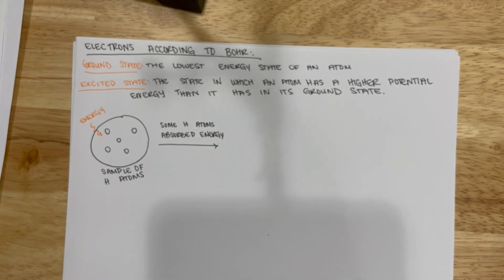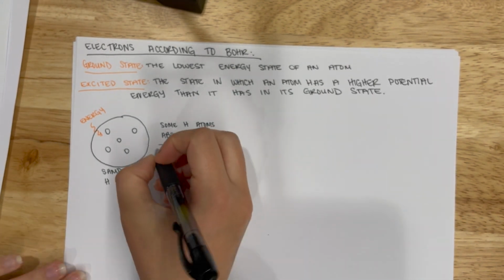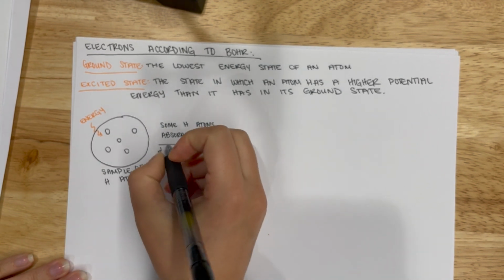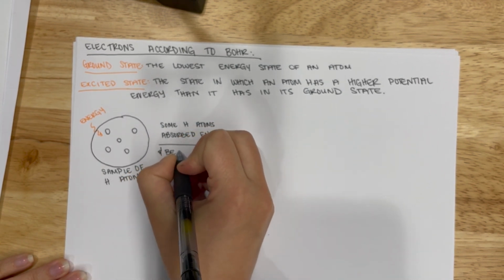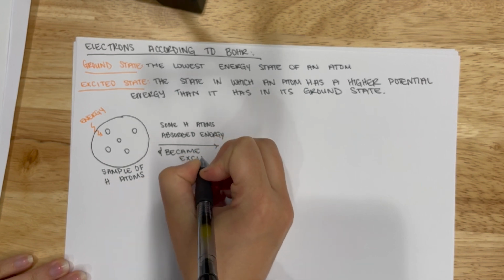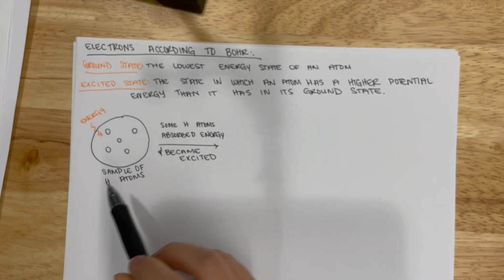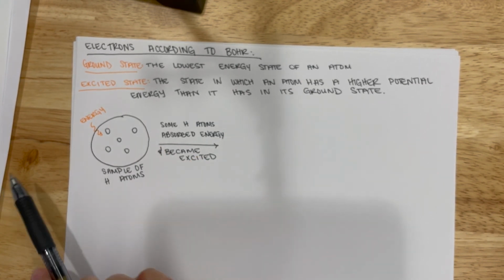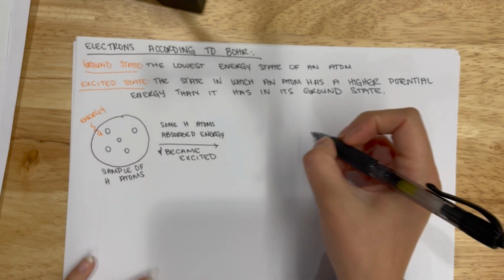Right? So they absorbed the energy, and as a result, they entered that excited state. So Bohr was able to get the sample of hydrogen atoms out of the ground state and into the excited state by adding energy. So then what happened?